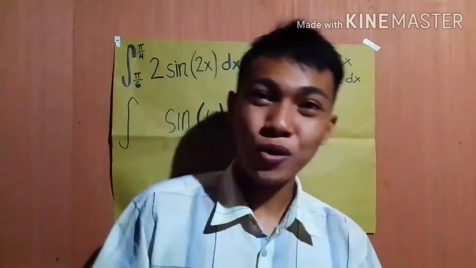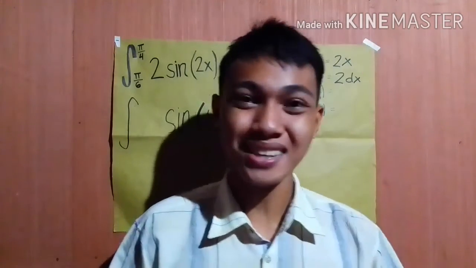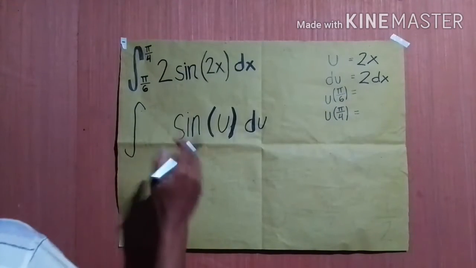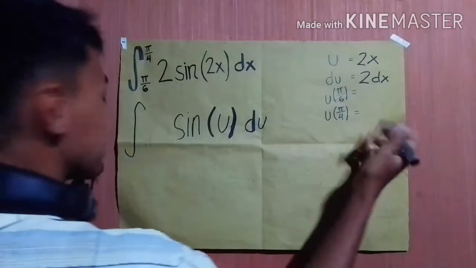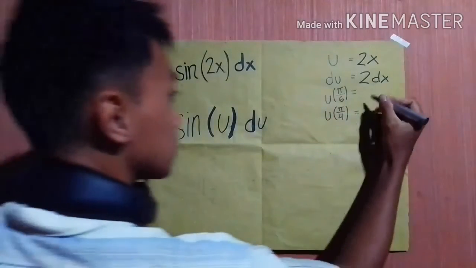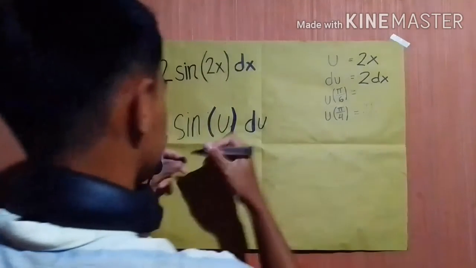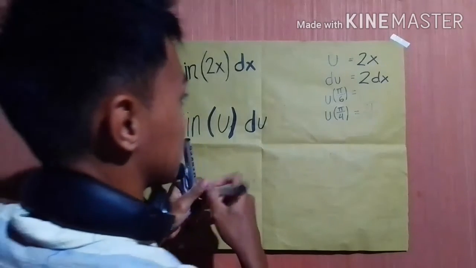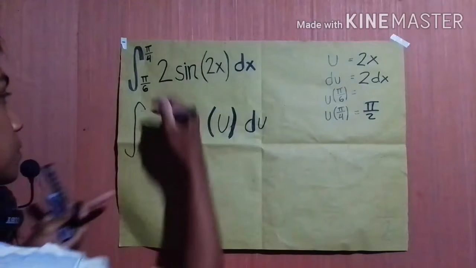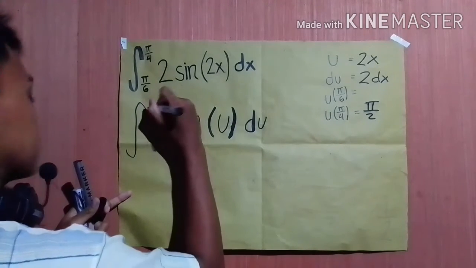So now, for integrating in terms of u, we want to use the same for the limits of x. So that's why we put pi over 4, and we got in u pi over 2, and put here pi over 2.